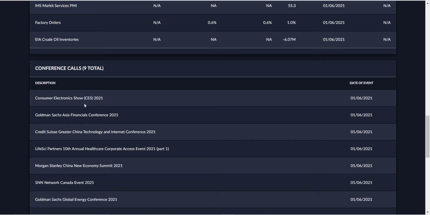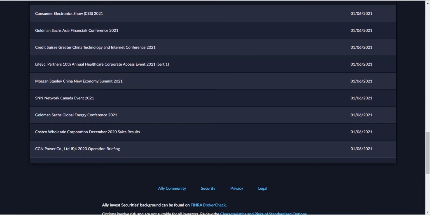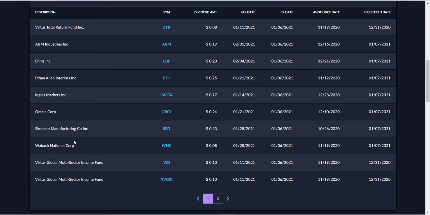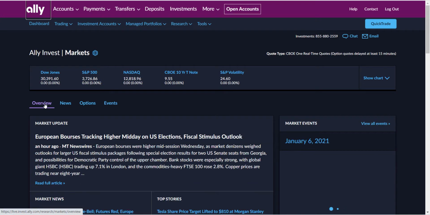I guess if you're a shareholder, you would get the information in your email regarding what's happening, but you get an idea of which ones are currently having these events to help you with your buying power regarding investing in these stocks. So, yeah, this is basically all you need to do in order to get information on different stocks.